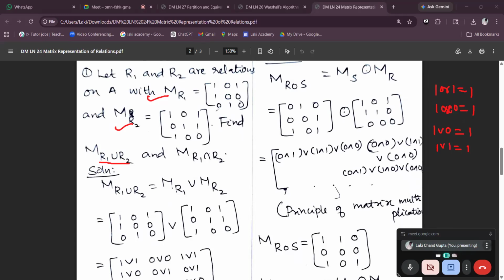Understood? So first element corresponding with first element, second with corresponding second element, right? Third with third. 1, 1 is 1, 0, 1, right? So how will you write this?